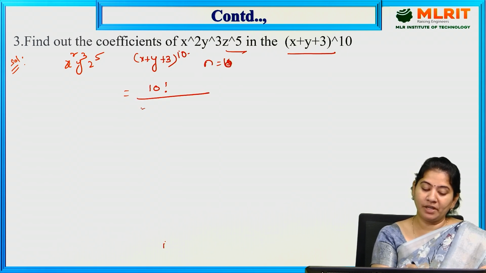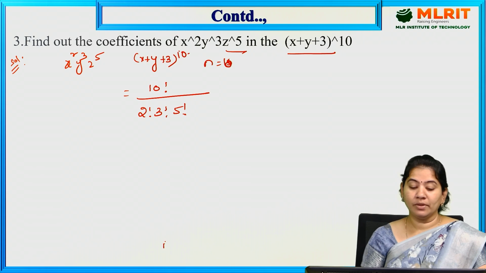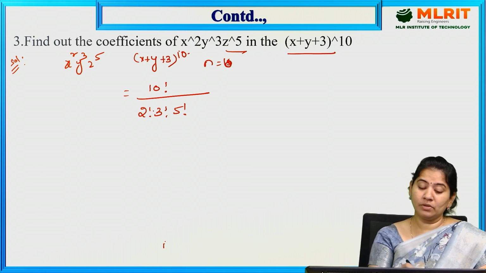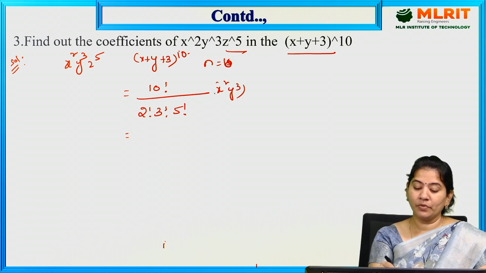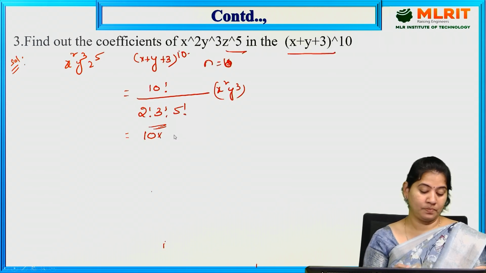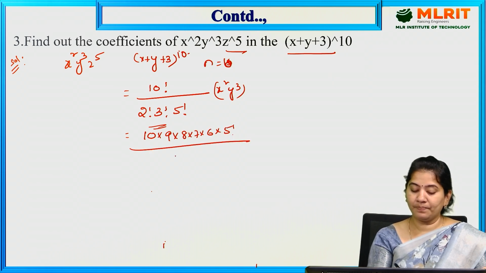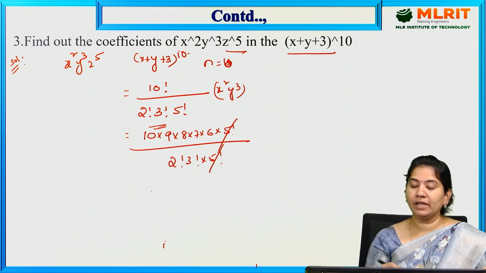The n1, n2, n3 values are 2 factorial, 3 factorial, and 5 factorial. So here you will get the answer. 10 factorial means 10 into 9 into 8 into 7 into 6 into 5 factorial, by 2 factorial into 3 factorial into 5 factorial. 5 factorial will get cancelled.